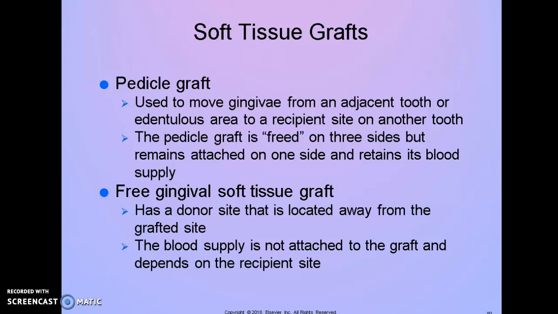Another type is called the free gingival soft tissue graft, which has a donor site that's located away from the grafted site. The blood supply in this case is not attached to the graft and depends on the recipient site. These typically have the donor site on the palate, and it is received more than usual on the mandibular arch.